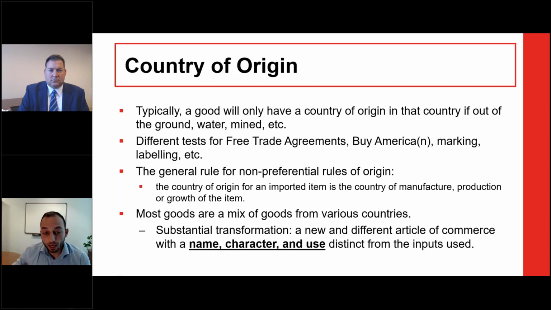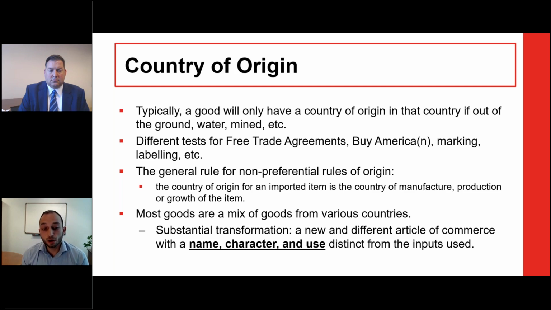For example, when the post-importation processing consists of assembly, courts have been generally reluctant to find a change in character, particularly when the imported articles do not undergo any physical change. And when the end use was predetermined at the time of the importation, then courts have generally not found a change in use as well.